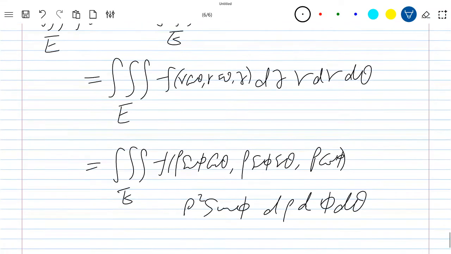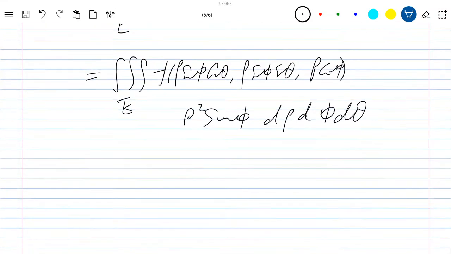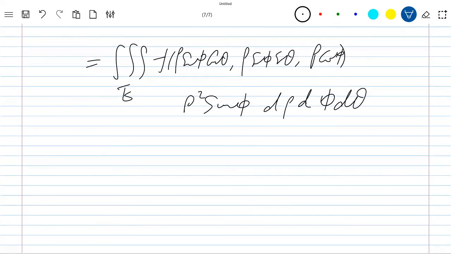Okay, so you can see there are quite a few ways, and just like in 2D, it depends on the problem to choose the best coordinate. And actually sometimes it's more than one way. You can choose either this way or that way. For example, let's see the next problem.